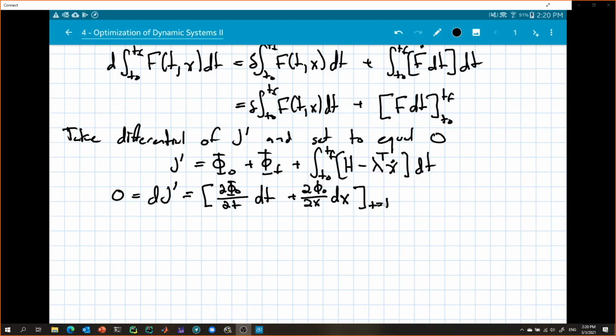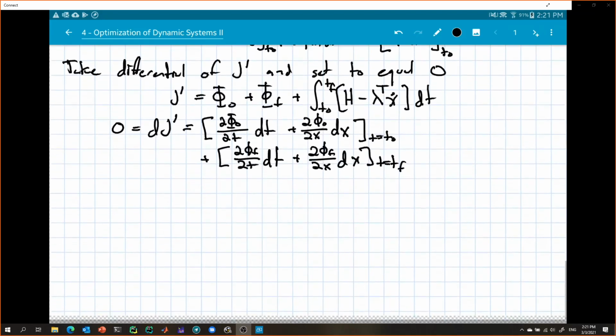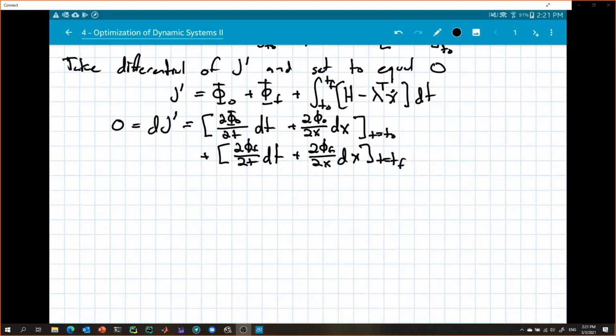And that's evaluated at initial time. Likewise, we do the same thing for the terminal time. And this is why I included both, just to make it so we don't have to spend more time, because you just kind of copy. It's a little longer, but you do the same thing regardless if it's on the initial boundary or final boundary.